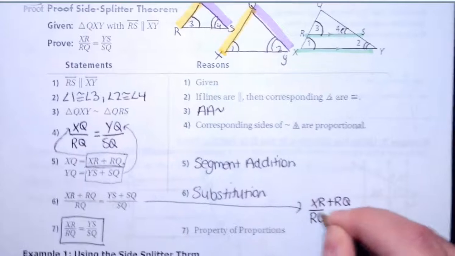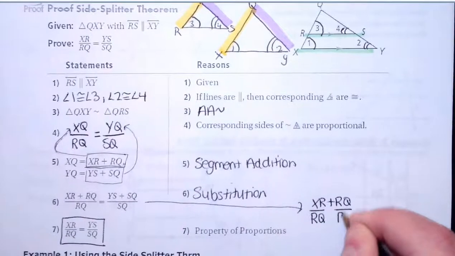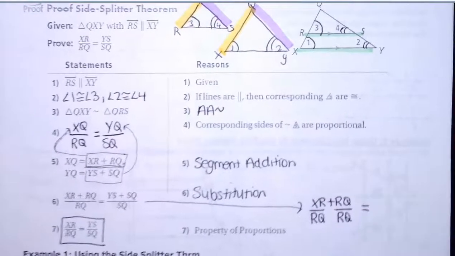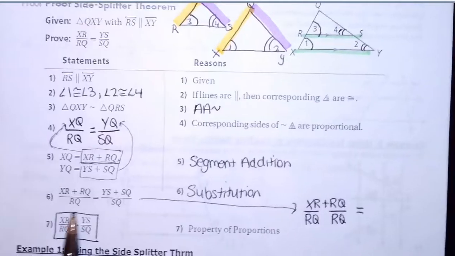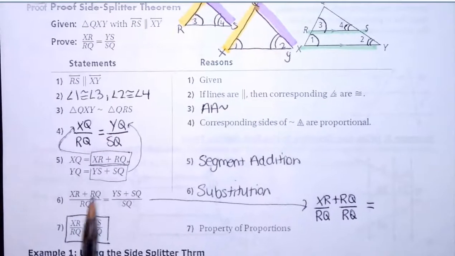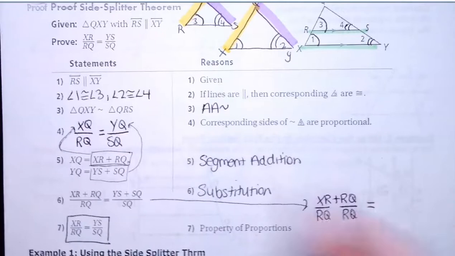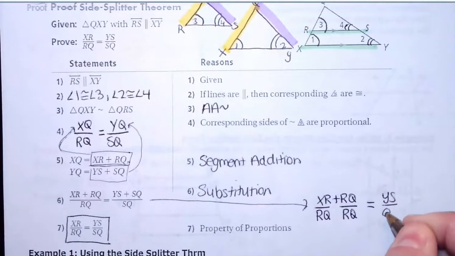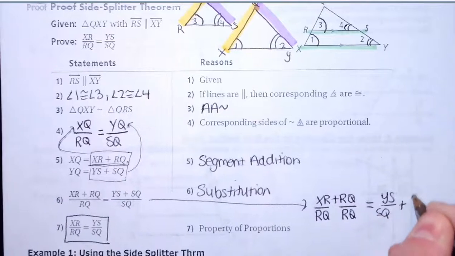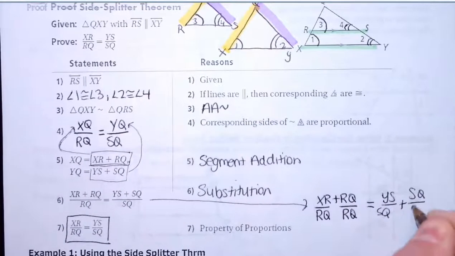I'm adding these together. I'm just taking the numerator and separating it into two different pieces. So XR is being divided by RQ, and RQ is divided by RQ. Same thing over here: YS is over SQ, and SQ is over SQ. So here's how this works.